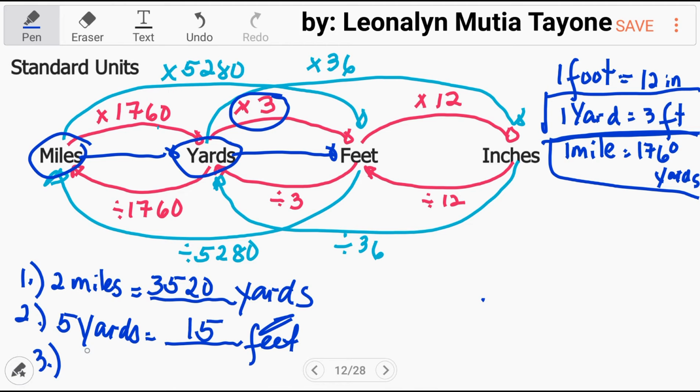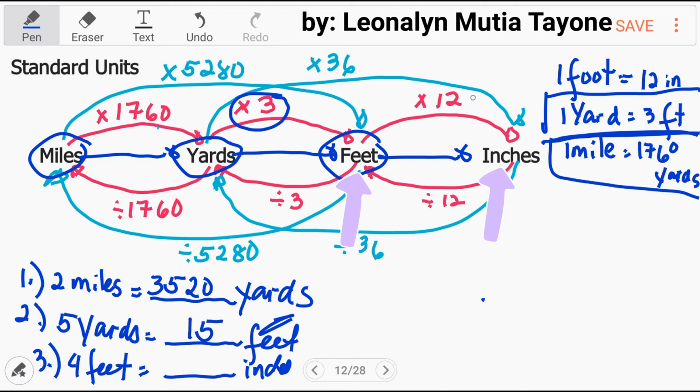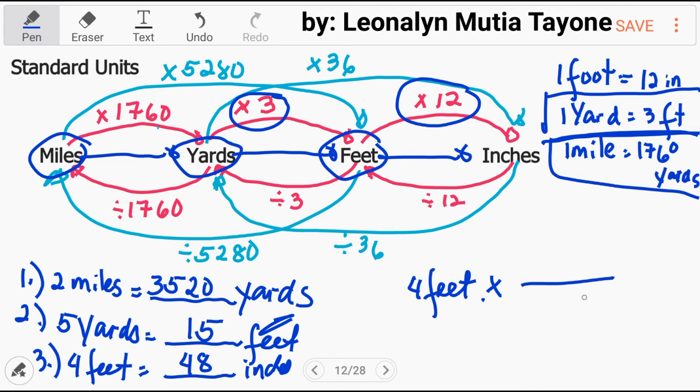Next example. Example number 3 ay how about 4 feet. I-convert natin to inches. Feet to inches. I-multiply lang natin ng 12. So, 12 times 4, and that is equals to 48 inches. Again, yung ginawa natin, 4 feet. Tapos, para ma-cancel si feet, lagay natin sa baba, asan na yung 1 foot.